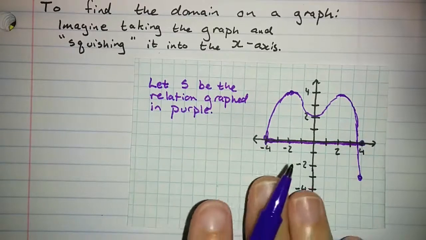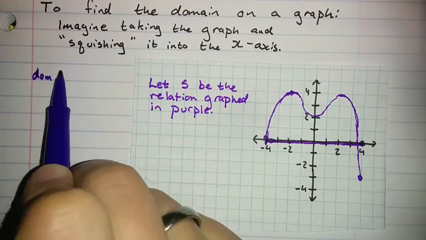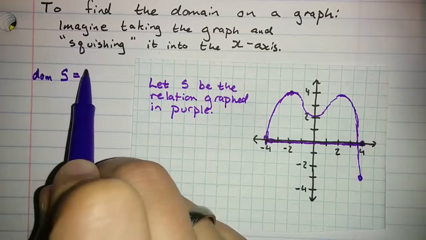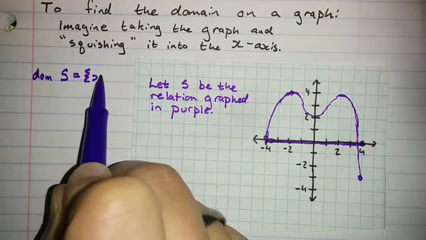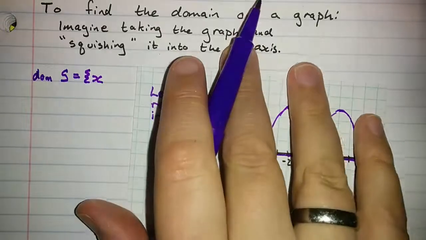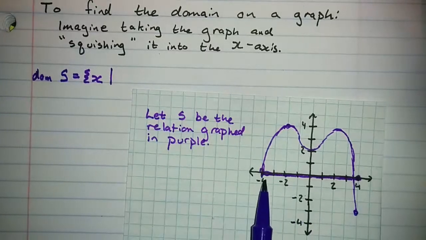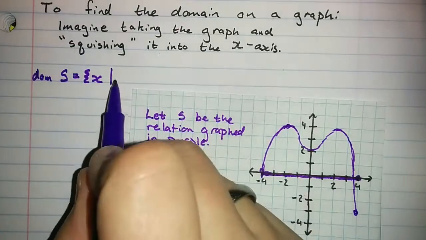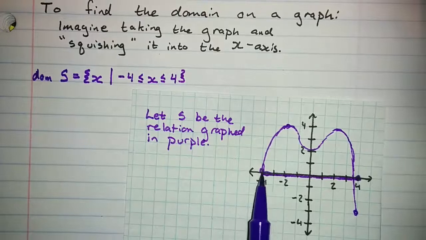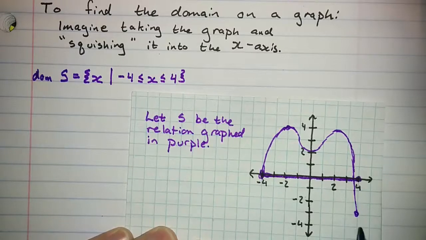So in set builder notation, we could say the domain of S is the collection of all numbers x such that, what's the condition? Well, x has to be between -4 and 4. Equals is included, right? Because it touches this point with x-coordinate -4.